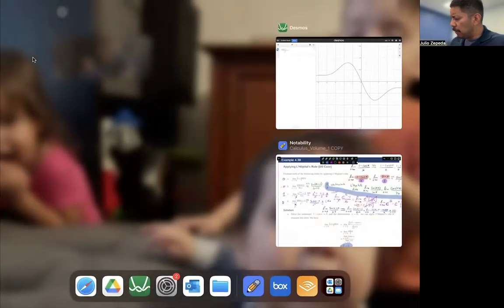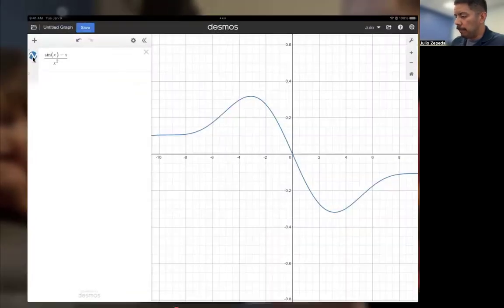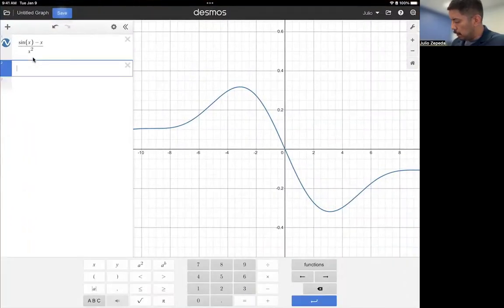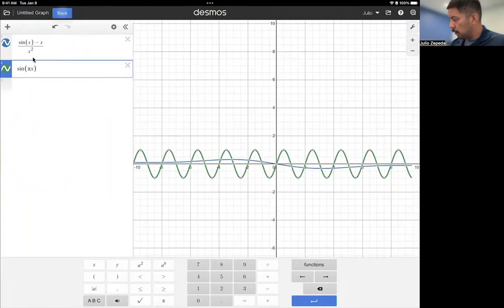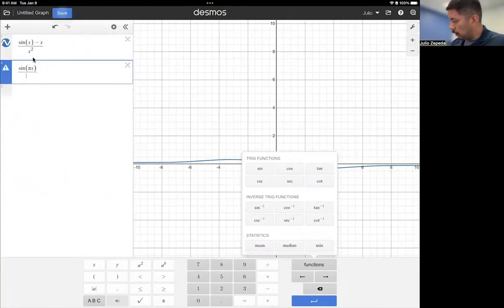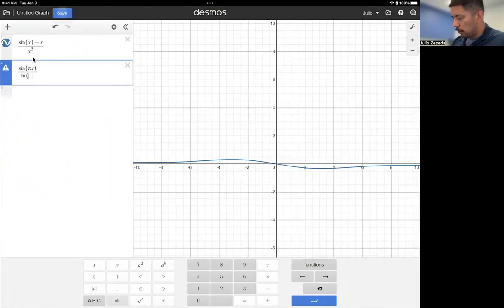Some of them could be a little bit more complicated. Maybe the sine of pi x over the natural log of x. Let me look at that one as well. Sine of pi x divided by the natural log of x.